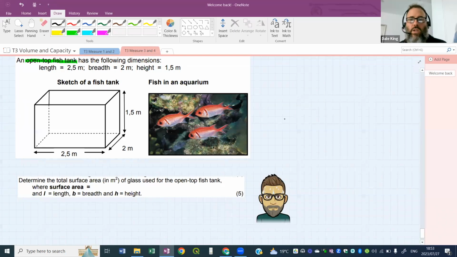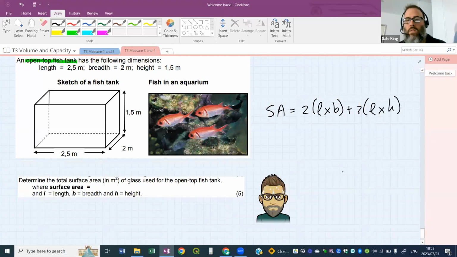I'll write the surface area formula for a rectangular prism. I'll give you the original formula for a whole rectangular prism. Length times breadth plus 2 length times height plus 2 breadth times height.